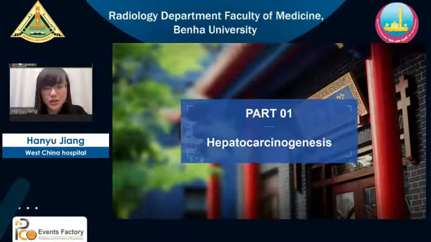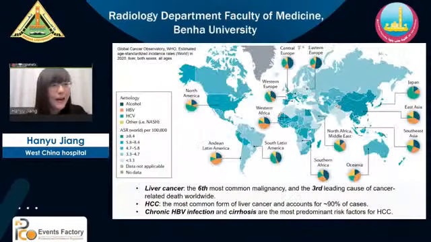Okay, so hepatocarcinogenesis. Liver cancer is currently the 6th most common malignancy and the 3rd leading cause of cancer-related death worldwide. And hepatocellular carcinoma, HCC, is the most common form of liver cancer and accounts for around 90% of cases.